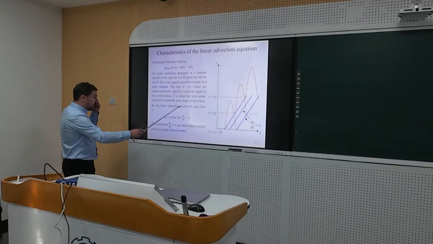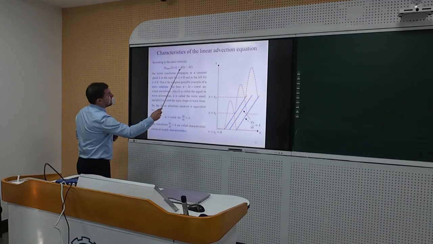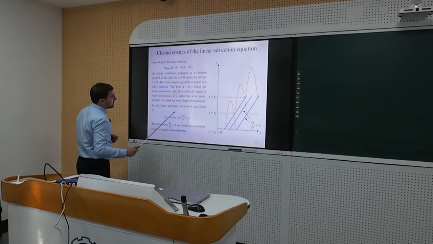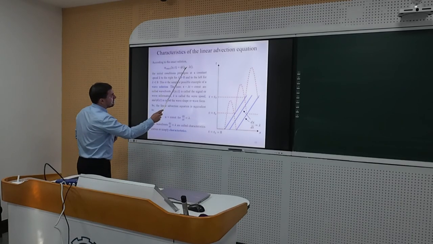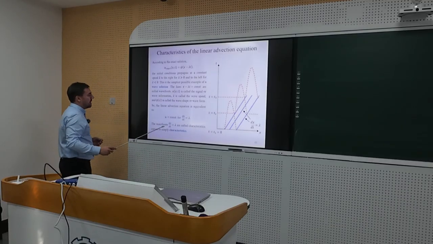So the linear advection equation is equivalent to this. Here you can see that if x minus lambda t equals constant, then u is constant. And x minus lambda t being constant is equivalent to dx over dt equals lambda.